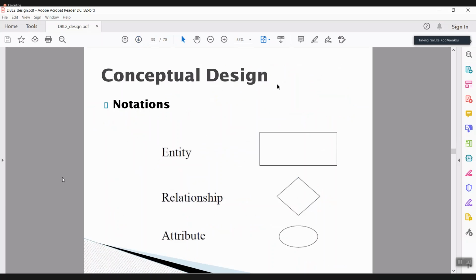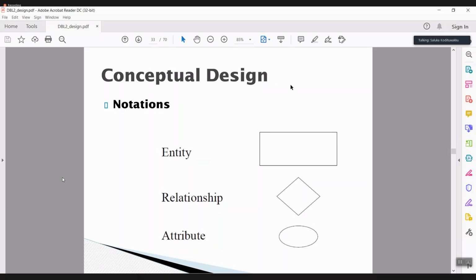Those are the things we have to understand in conceptual design. In order to come up with the conceptual design, as I already mentioned, conceptual design is usually a diagrammatic notation. When we draw the diagram, we have to understand how to draw the pictorial representation.